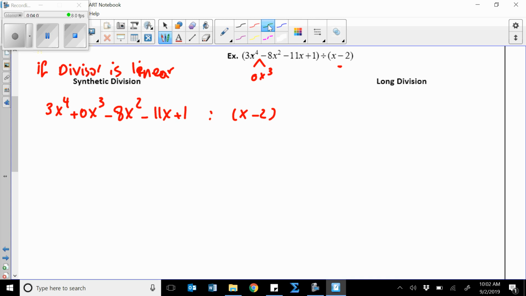The first thing that we need to do is to find the corner number. In order to find the corner number, we have to set the divisor equal to 0, x minus 2 equal to 0, and then solve for x. So I'm going to add 2 to both sides, and from here x will be equal to 2. So this is my corner number.